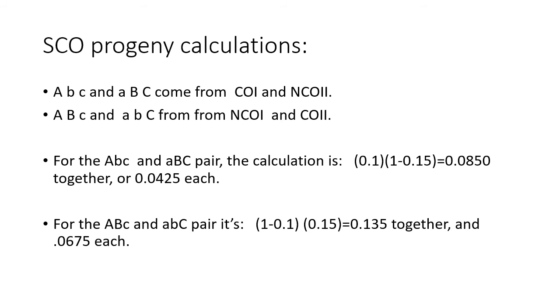For the big A, big B, little c, and little a, little b, big C pair, that means we do not want to cross over between A and B, but we do want to cross over between B and C. So the probability is 0.9, 1 minus 0.1, times 0.15, which together is 0.135, and divide by 2 to get the individual ones is 0.0675.